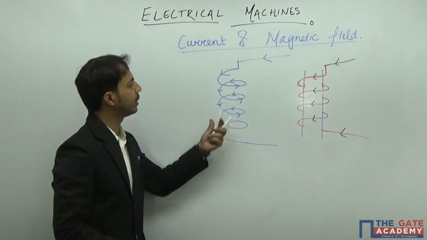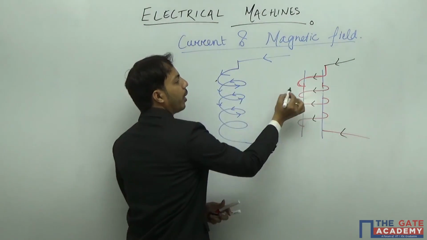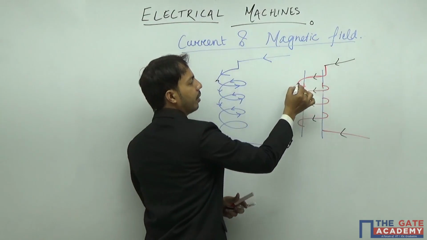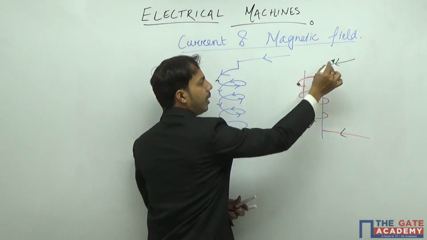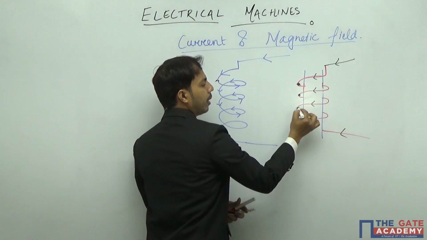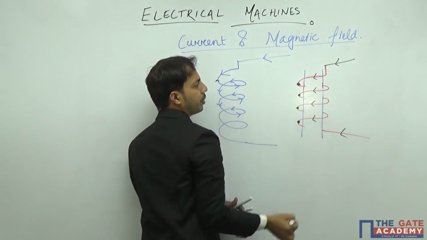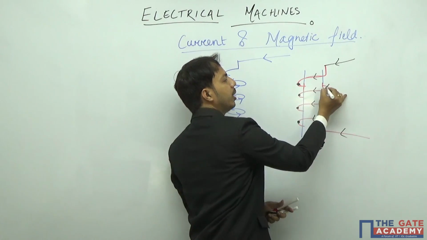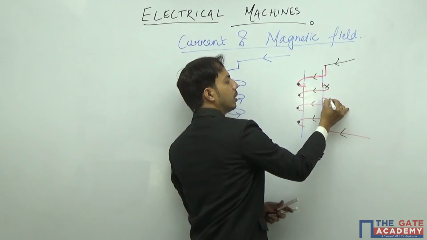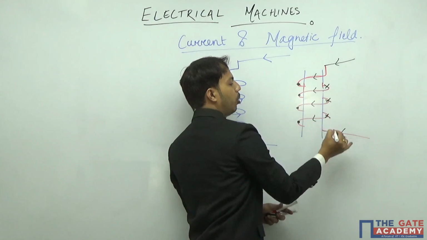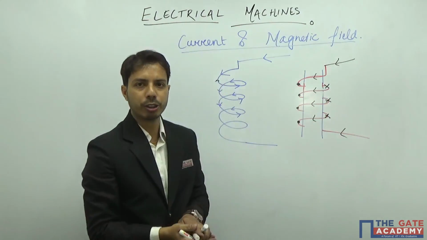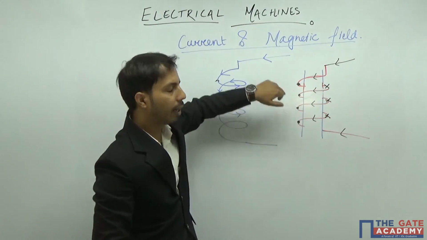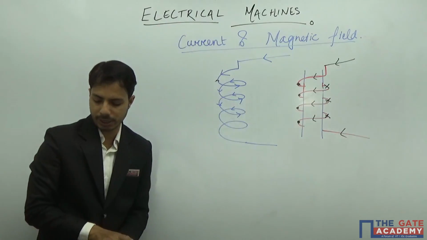What is happening is, at this particular point, current is going inside. And at this particular point, current is coming out of the coil. So current is coming out of the coil here, and here current is going inside.